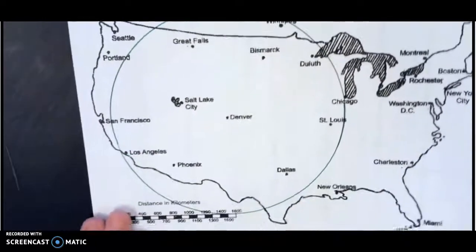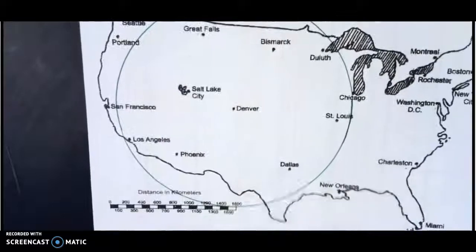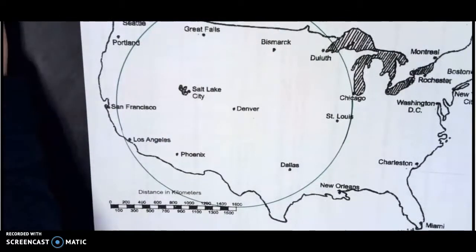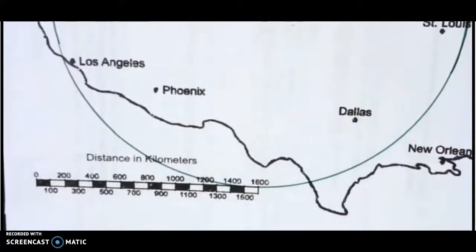So that's our first circle. Somewhere on that circle is going to be our earthquake. So now we're going to do the second location, which is Dallas. And we calculated that distance of 2,000.